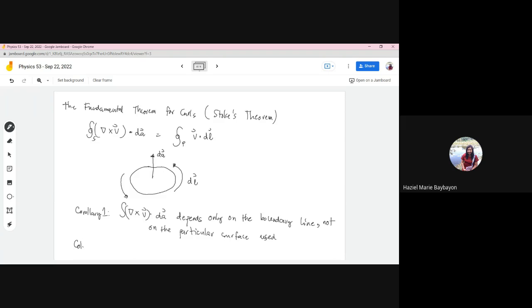And then the second corollary: the closed surface integral of the curl of V dot dA is equal to 0 for any closed surface.